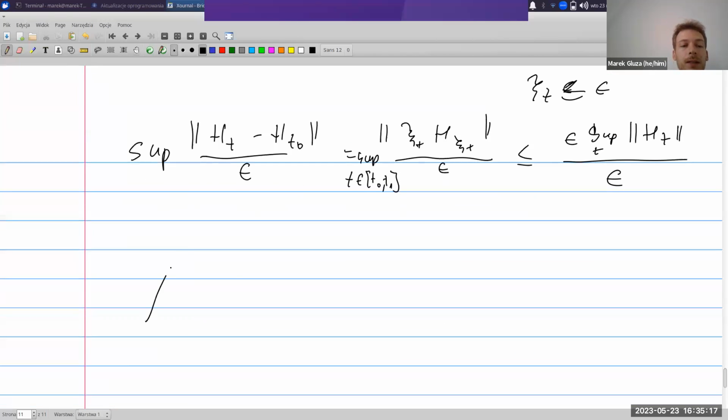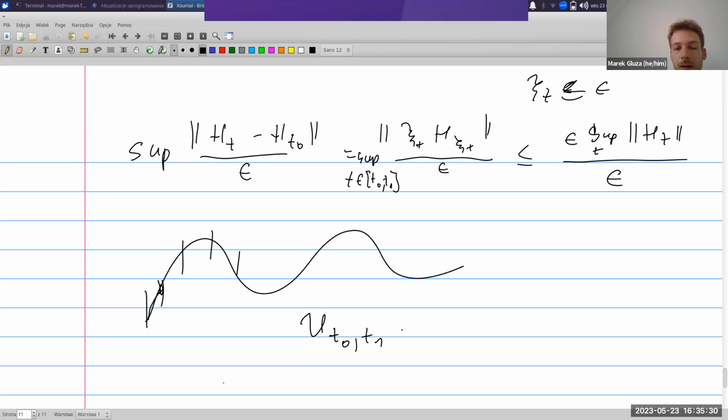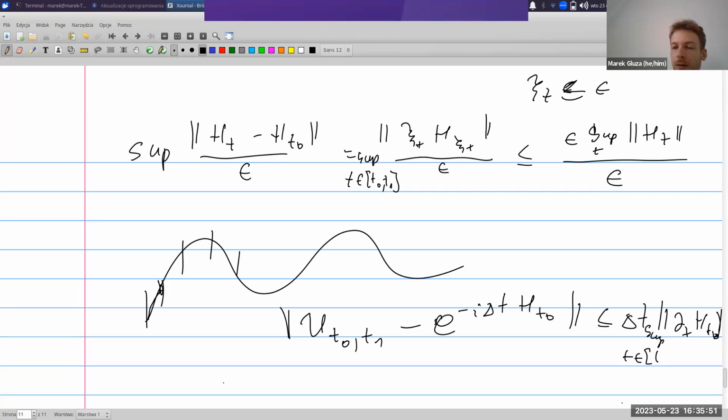Okay, which means that now if I have this evolution, for all those piecewise constant evolutions, I get that u from t0 until t1 minus e to the minus i delta t h of t0 is smaller or equal to delta t norm of dt ht0 and supremum t from t0 until t1, right?